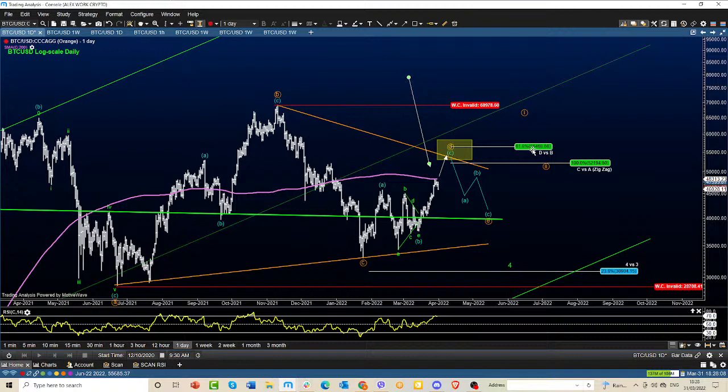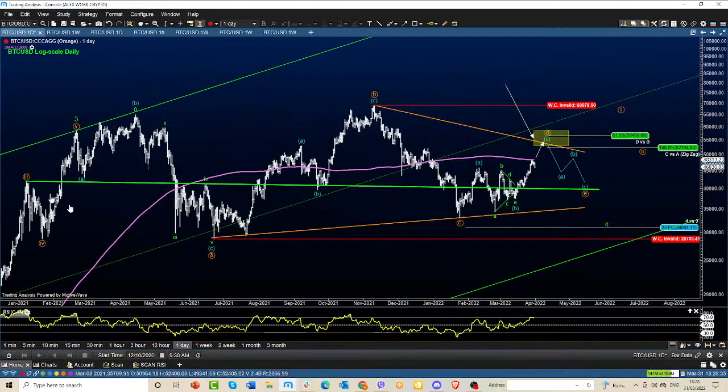So I would really like to see Bitcoin just correcting here a little bit and go further on the upside to test this 52 to 56K, because this will offer me an additional confirmation that actually this is a three-wave move on the upside in a D wave, and then the E wave will develop in a couple of weeks, which I think is going to stay at 40K, which has been proven to be a very solid place for this E wave completion or a fourth wave completion.